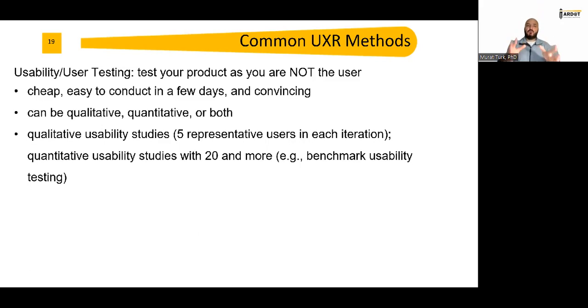For example, you have your design, and then you do this qualitative usability test with a certain script and certain tasks with 5 representative users in your first iteration, and then you find most of the issues in this first round of usability tests, and then you make certain fixes, improvements, and then you find another group of 5 representative users, and then you test it again, make your improvements, fixes, and then you want to test it with another group of 5 representative users in the third iteration.